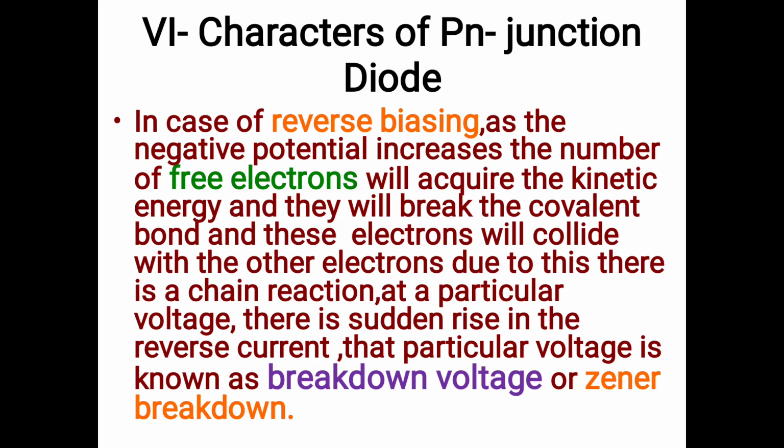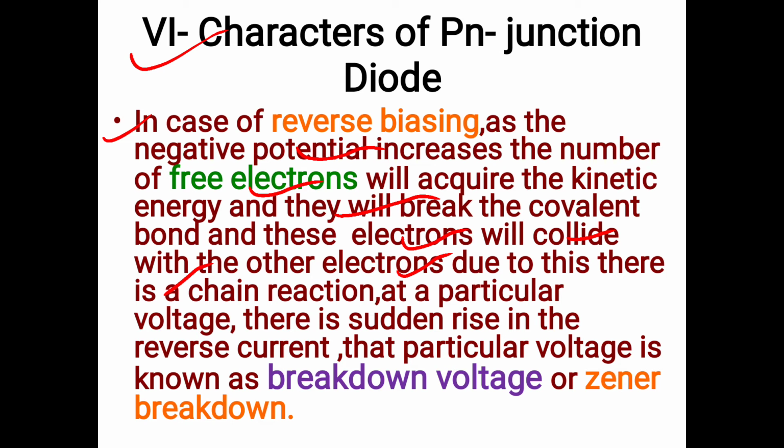You can see here, this is the VI characteristic of the PN junction diode in the reverse. In case of reverse biasing, as the negative potential increases, the free electrons will acquire kinetic energy, and they will break the covalent bond, and these electrons will collide with other electrons.